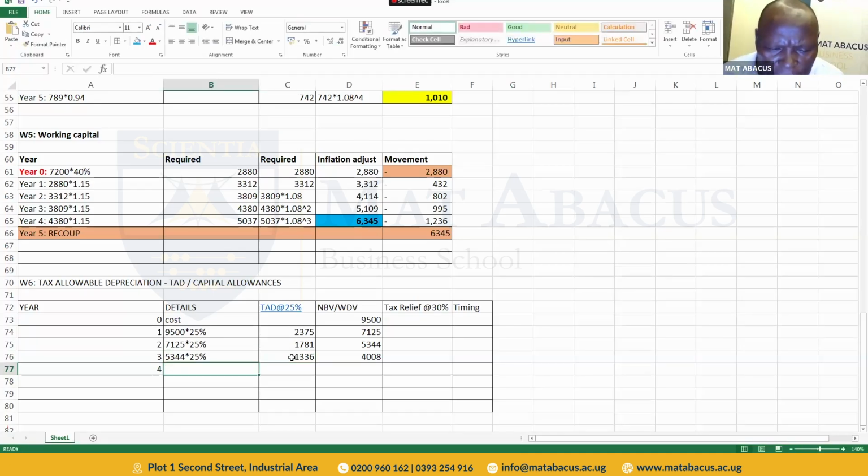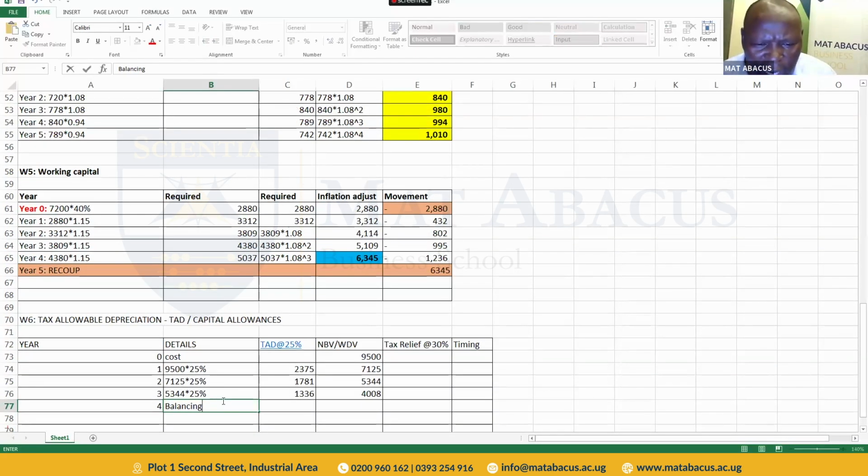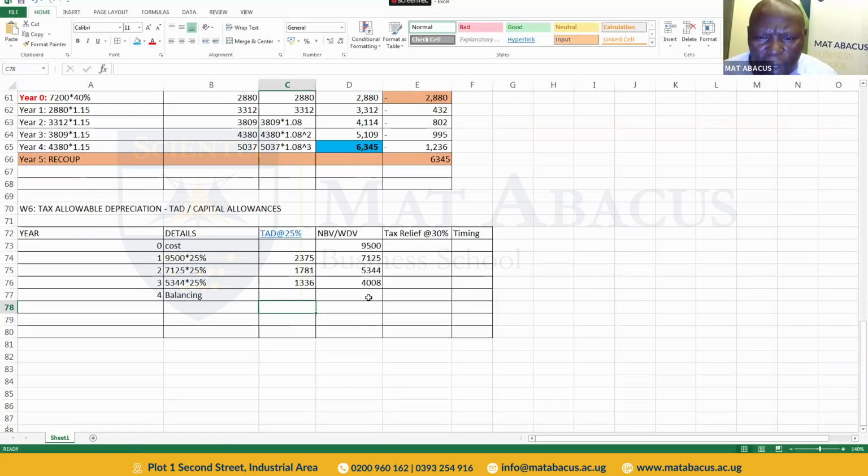But in year 4, we look for the balancing. For us at MAT Abacus, the answer is the same. We don't depreciate in the final year. We bring here our scrap. The scrap was known earlier.